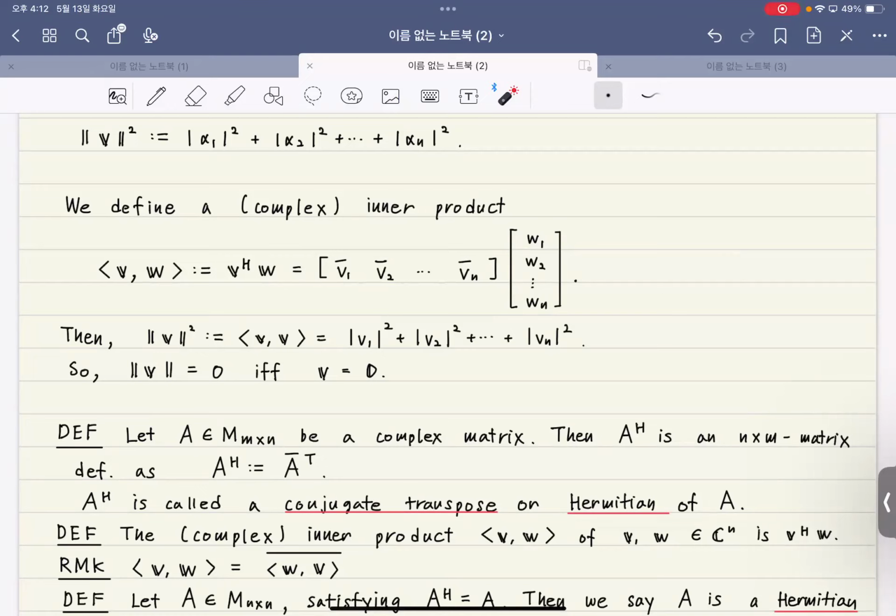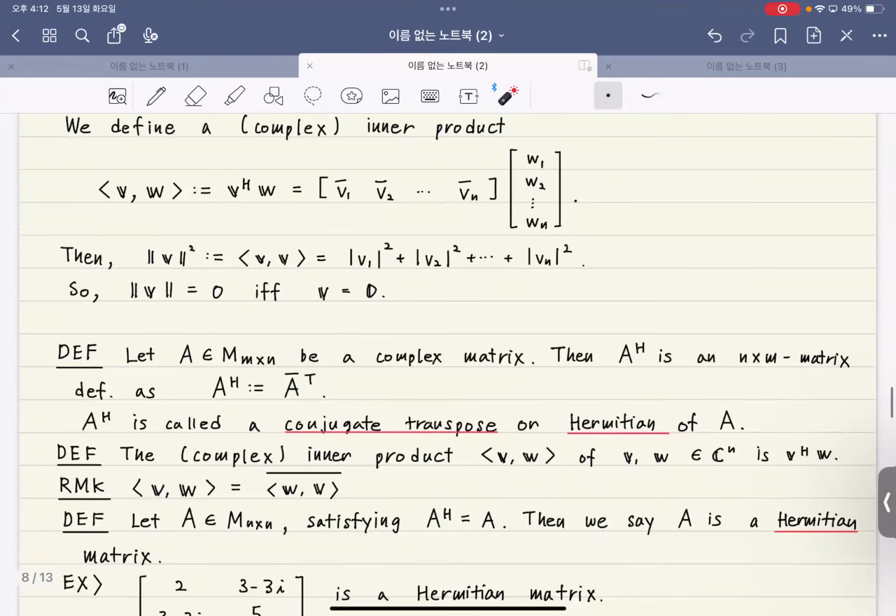From now on, we're going to call this the conjugate transpose, or the Hermitian of matrix A. And the complex inner product of V and W is defined to be V Hermitian times W, right?